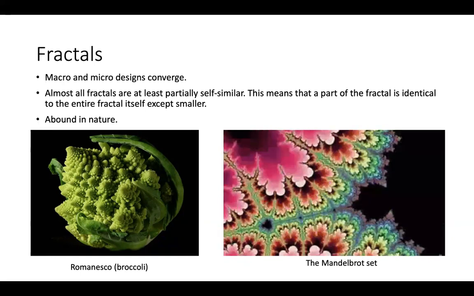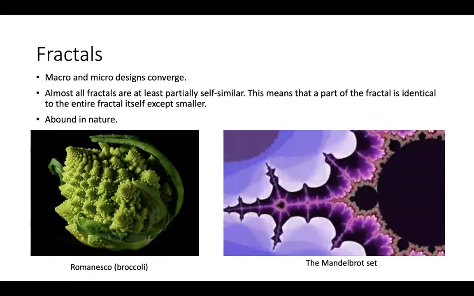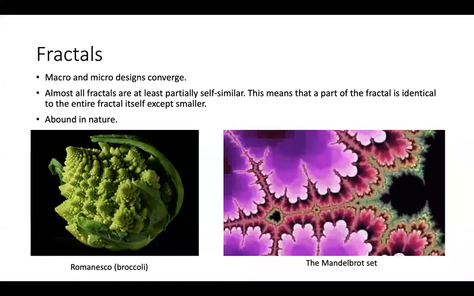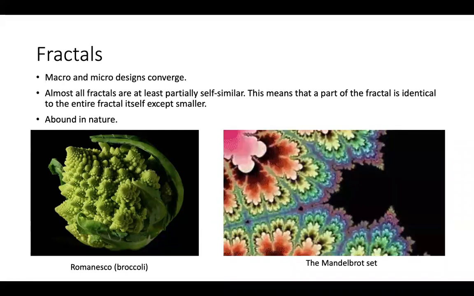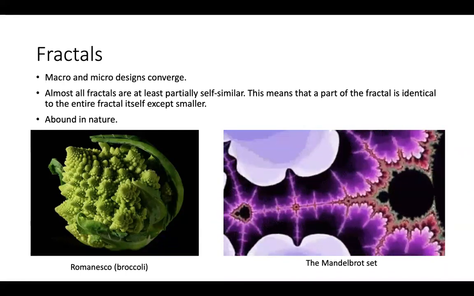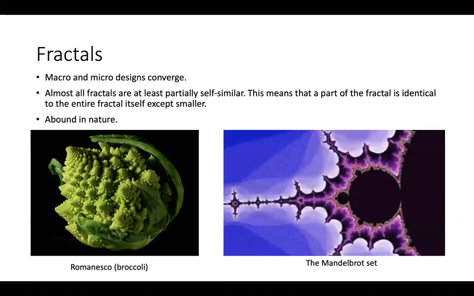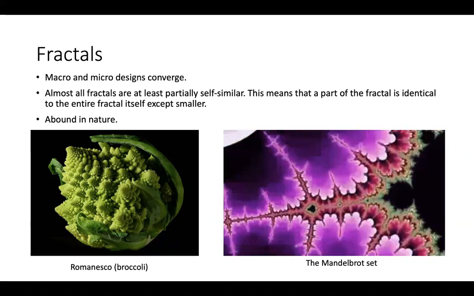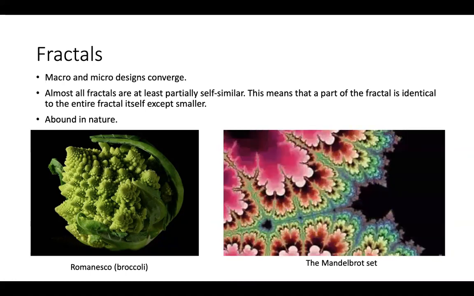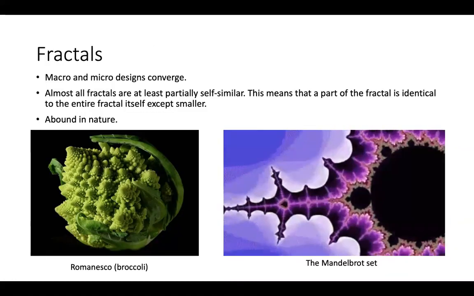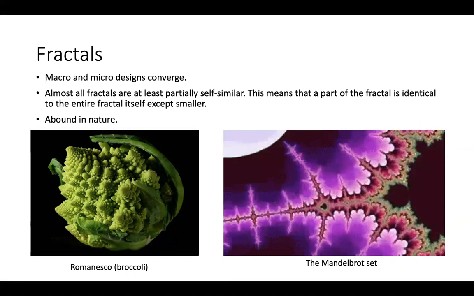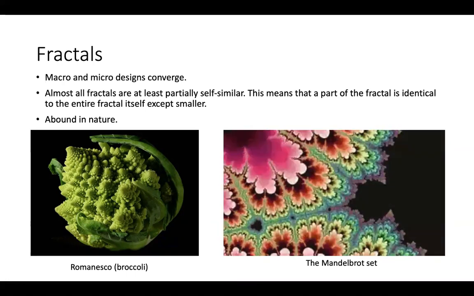I am not sure about the mathematical framework to explain this, but intuitively it makes sense if the internal designs and the external designs, the macro and the micro pictures, converge. It's called constructal theory, right? Where everything is like a subset.